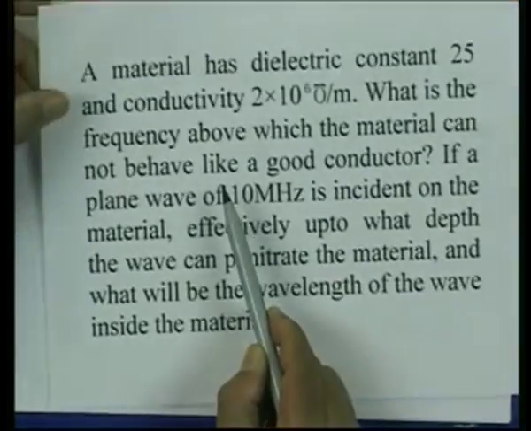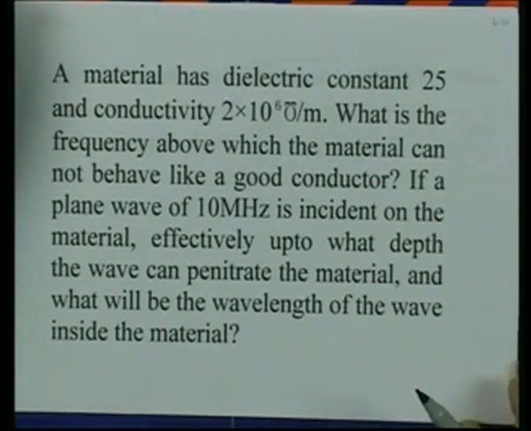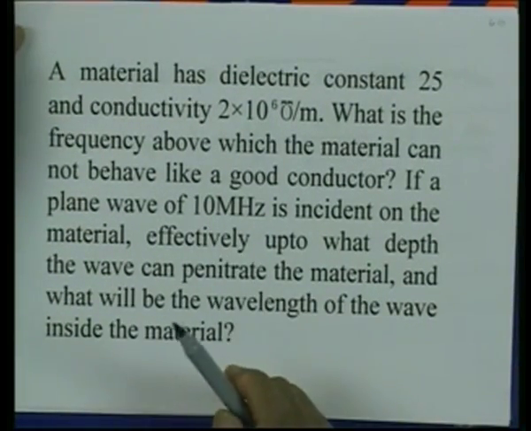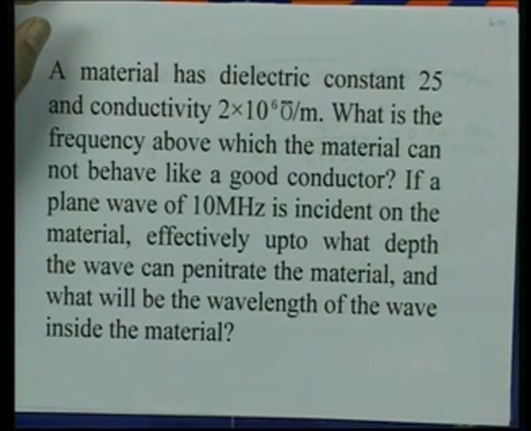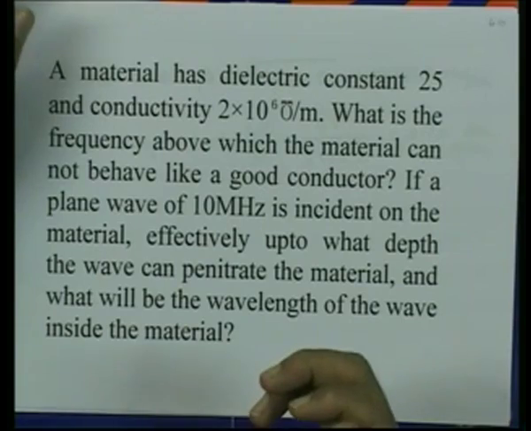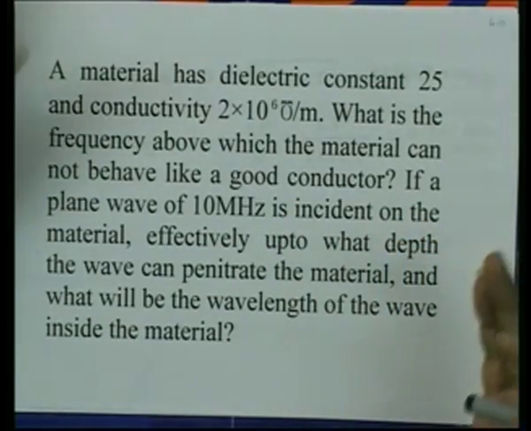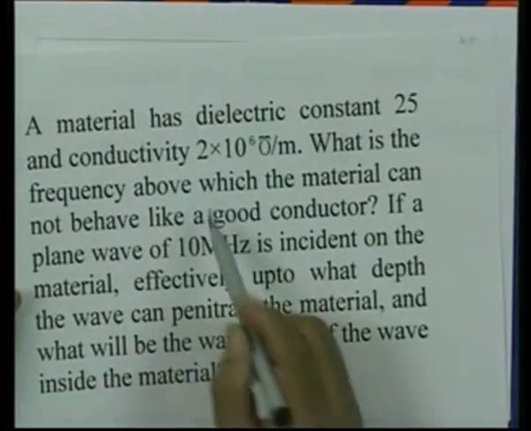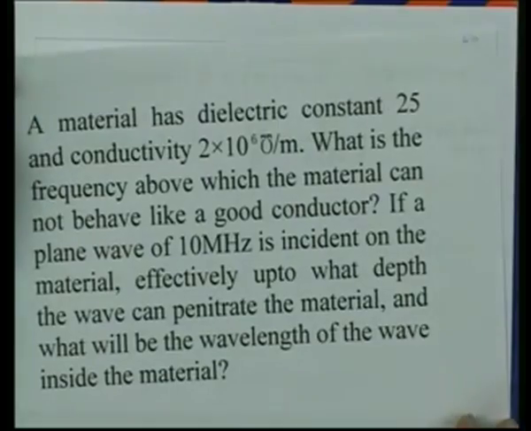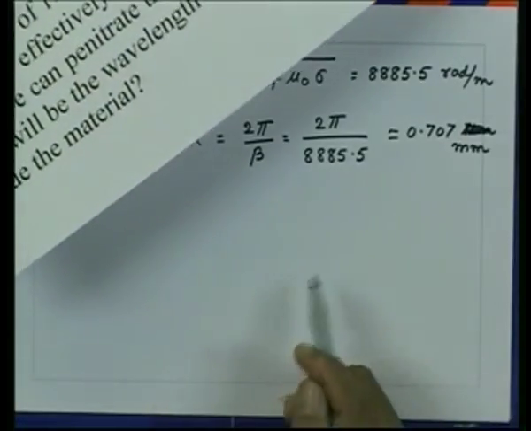Note, when the same 10 megahertz wave goes into free space, the wavelength is 30 meters. So, in free space, this wave will have a wavelength of 30 meters, whereas when it goes into a highly conducting material like this, its wavelength will reduce to as small as 0.7 millimeter.